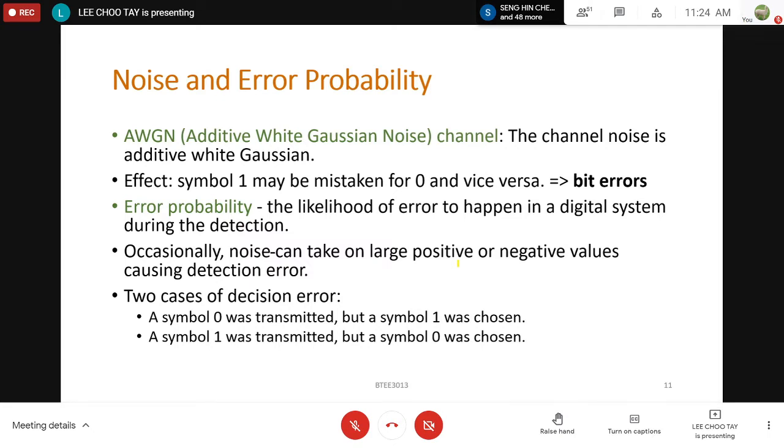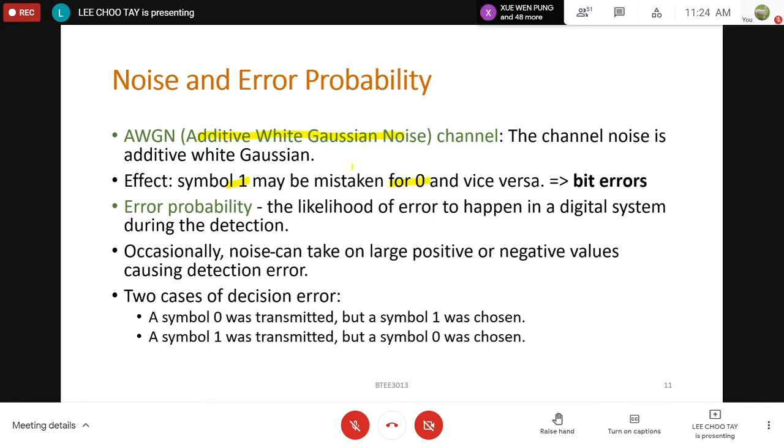For a lot of channels, or the channel in real life, the common type of noise or the major source of noise is actually additive white Gaussian noise. So what is the effect of this noise? This noise may actually cause the symbol 1, where we actually send a bit 1, but at the receiver it is mistaken for a 0, or vice versa.